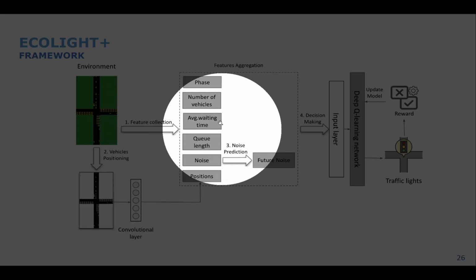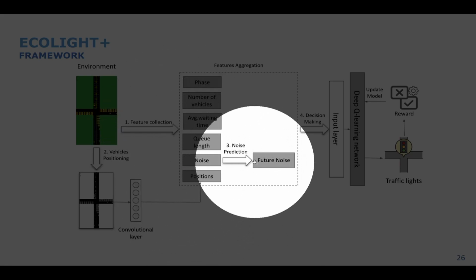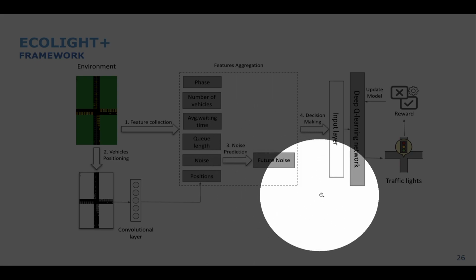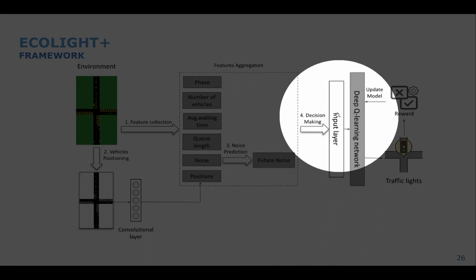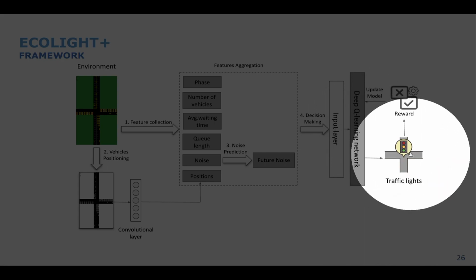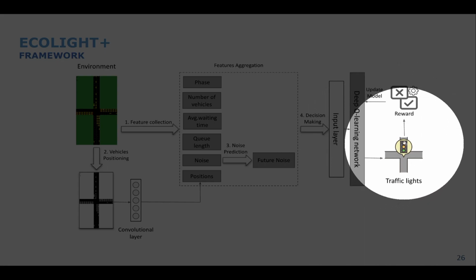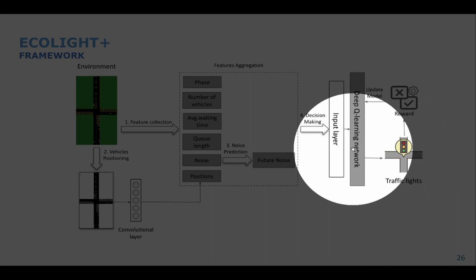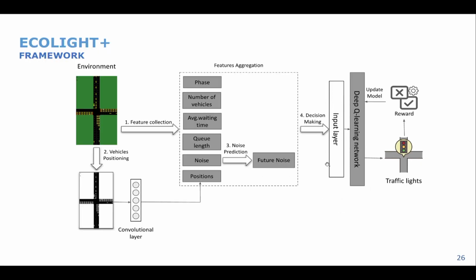And all of this data is able to provide the future noise prediction evaluation. Then this noise feature is driving the model to adapt the traffic light. And we are using deep reinforcement learning, and so the model is driven by rewards.